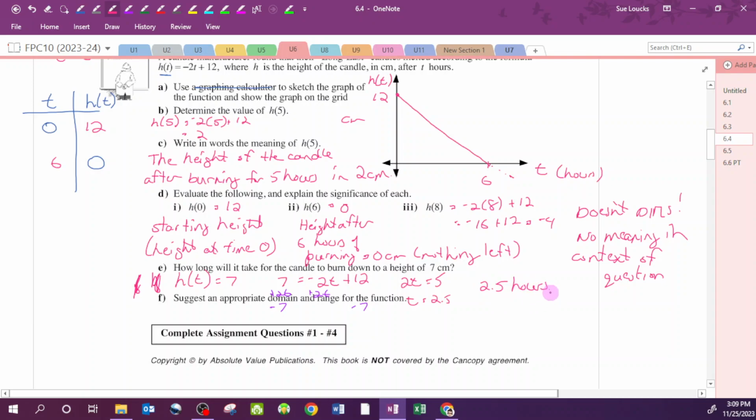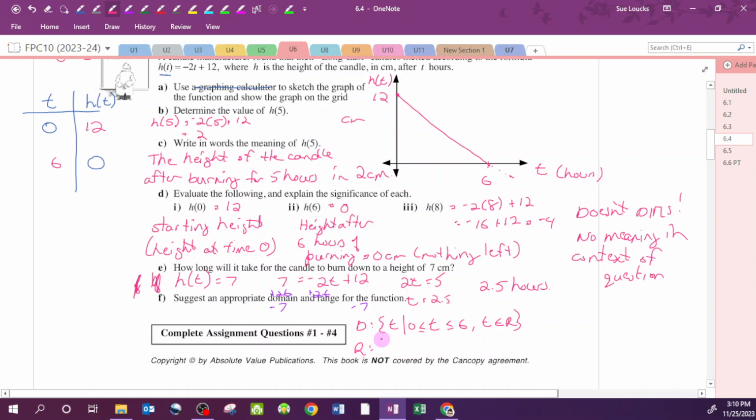And suggest an appropriate domain and range for this function. Well, the domain is going to be t such that the time is greater than or equal to 0 and less than or equal to 6, because it doesn't make sense to go past that. And t can be any real number within there.